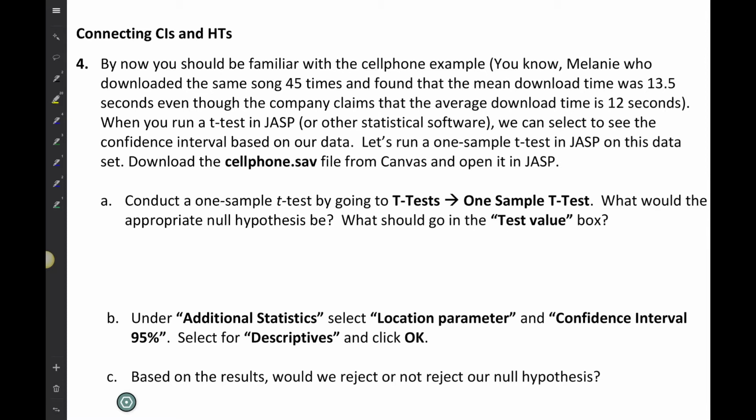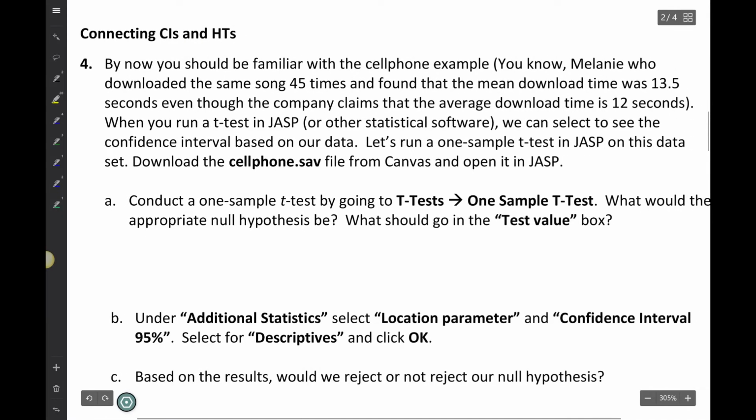She calculated the average and found the average download speed was 13.5 seconds. Okay? So Melanie's download time was 13.5 seconds versus the ad claimed that the download time should be, on average, 12 seconds.